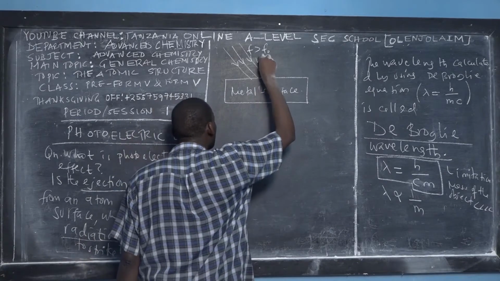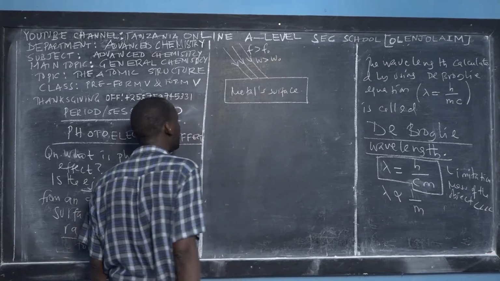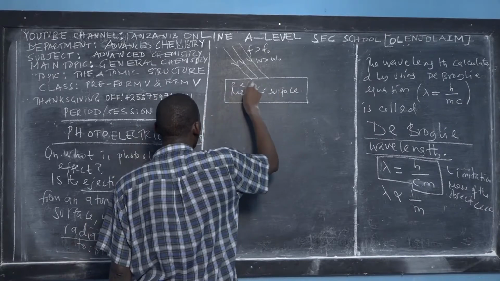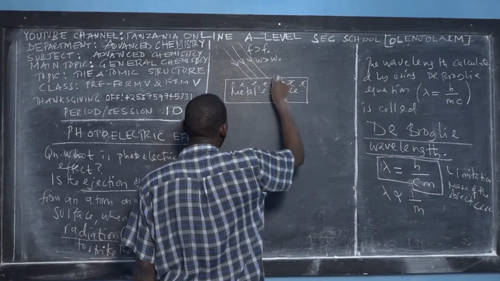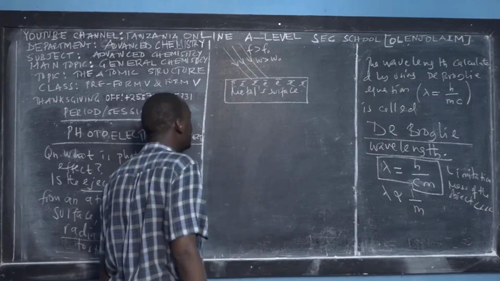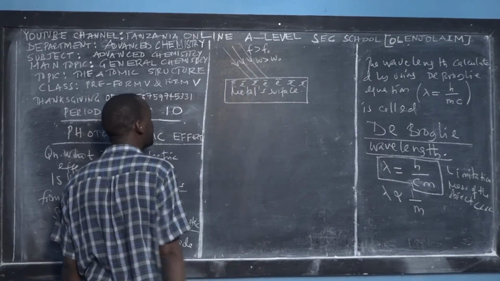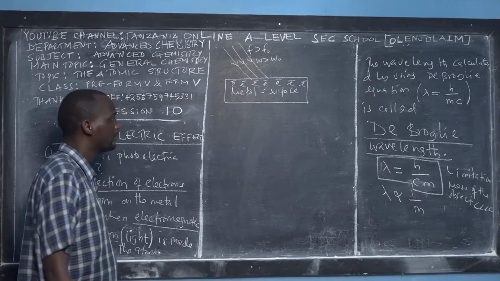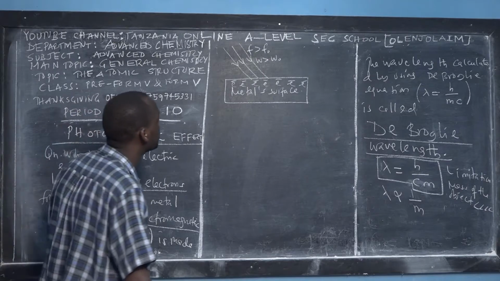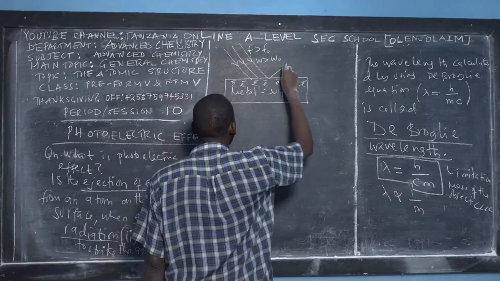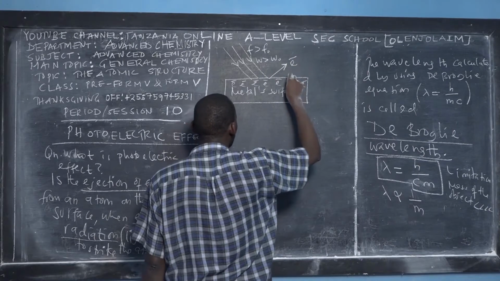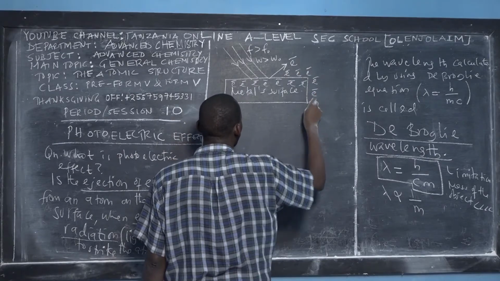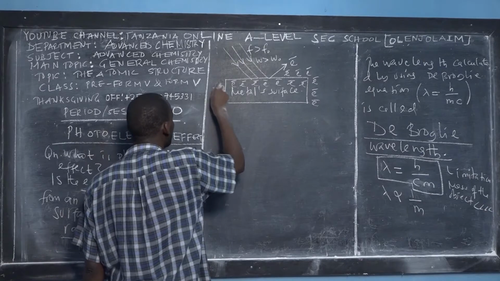If the energy of these incident radiations is greater than the work function, then when this light falls onto this metal, which contains a lot of electrons, the incident light provides an amount of energy enough to overcome the nuclear attractive force holding electrons in position, then electrons will be ejected from the surface of the metal. That process we call the photoelectric effect.